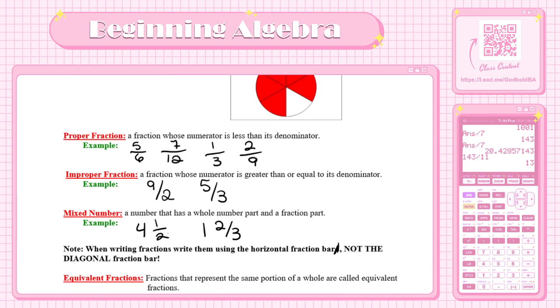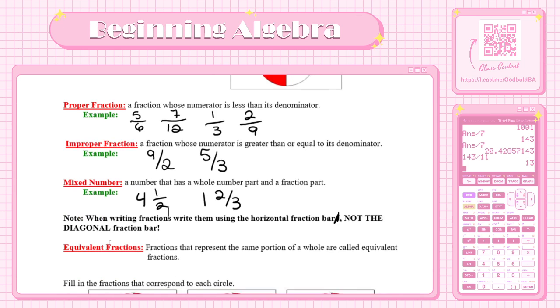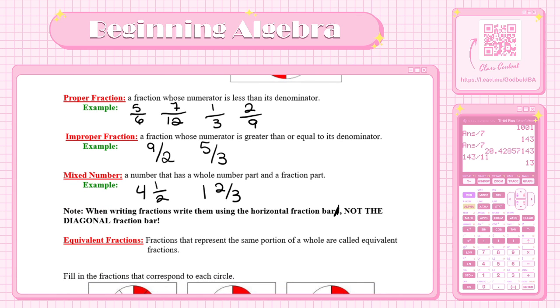It says to write them using the horizontal fraction bar, not the diagonal bar. Now, it doesn't really matter. The reason I put that is because doing the math on it is way easier if you write it without the diagonal. Math is easier horizontally.